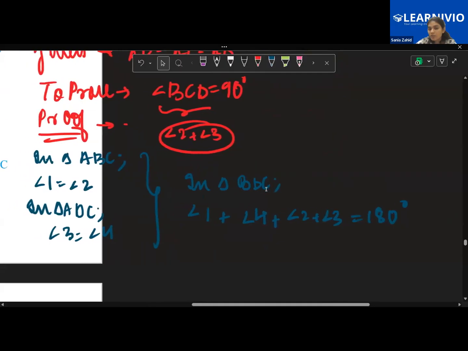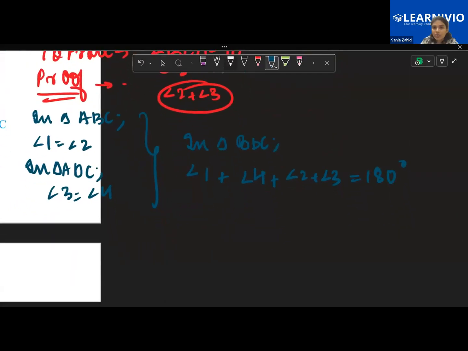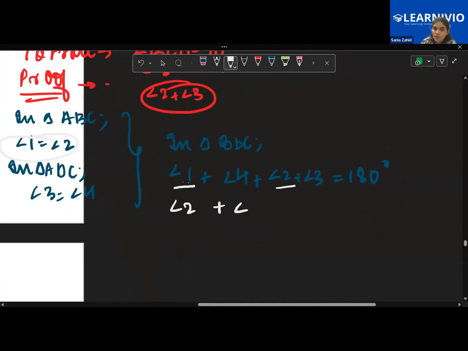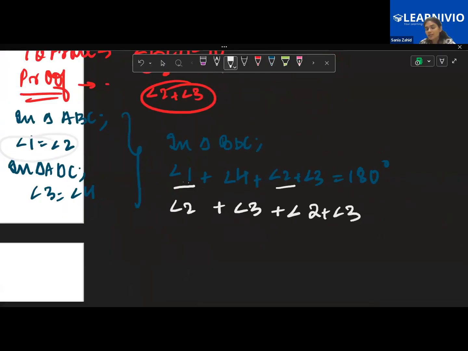Right? So what I will do is, I also have angle 1 equal to angle 2. So instead of angle 1, can I write angle 2 only? I can do that. Also, instead of angle 4, can I write angle 3? Yes, because they are also equal. So angle 2 plus angle 3 plus angle 2 plus angle 3 remains as it is equal to 180 degrees.